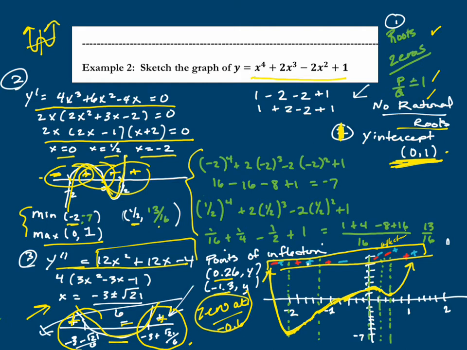So I have a red positive here, and then it went positive again, all the way to 0. Then it changed between 0 and 1/2 to be negative, and then from 1/2 on it changed to positive. So those are my red positives and negatives. My blue ones are the second derivative, so I put those on the sign chart the same way.